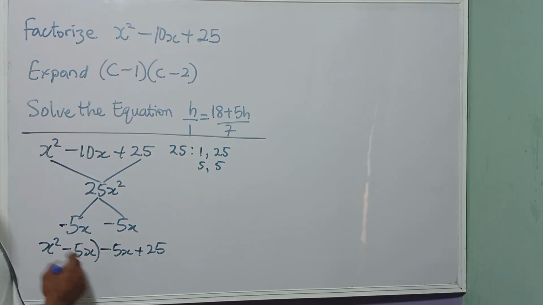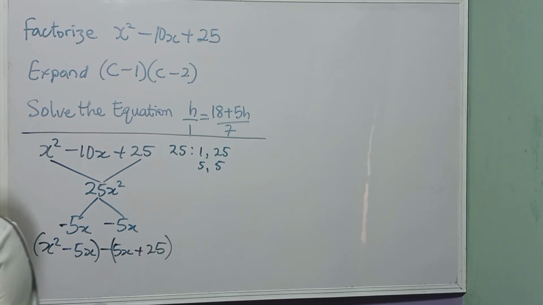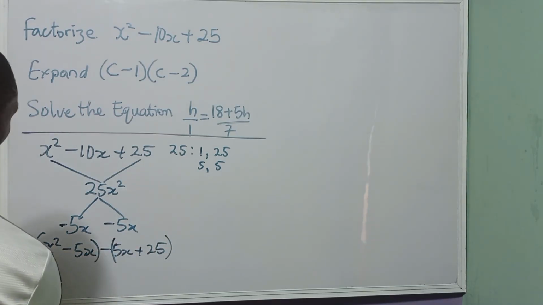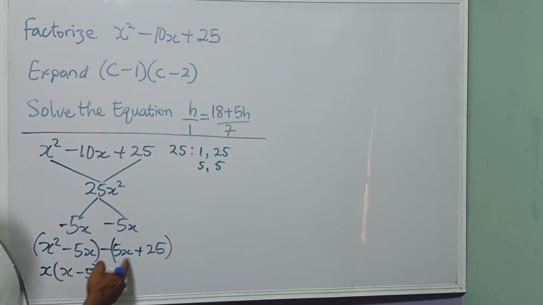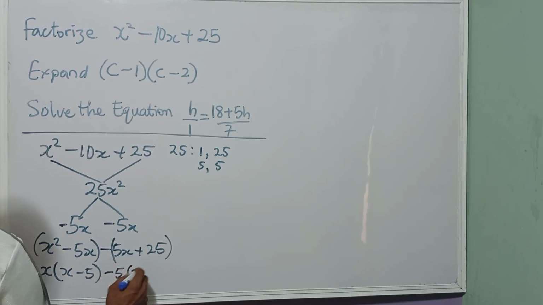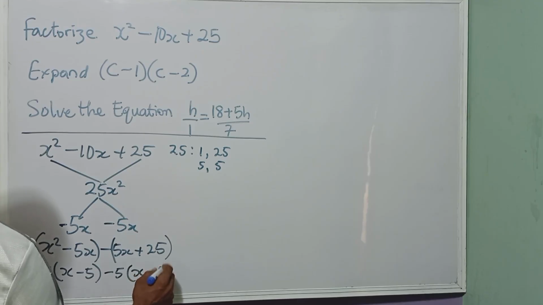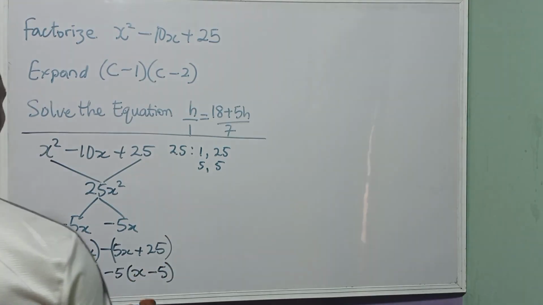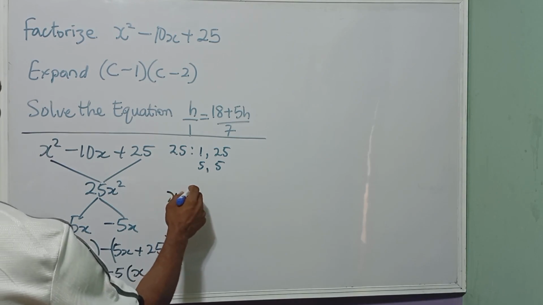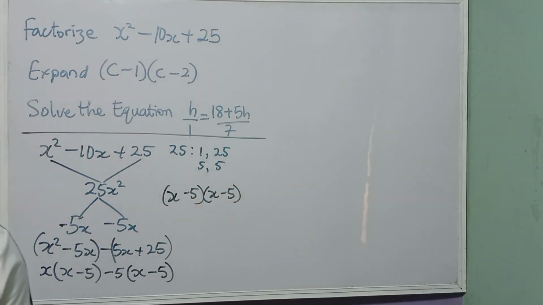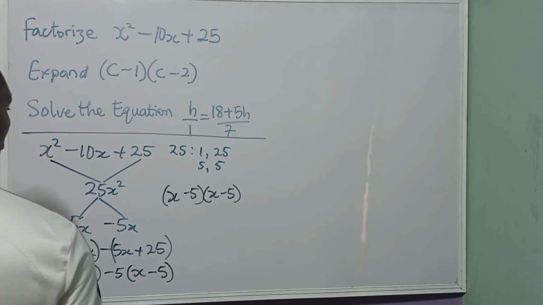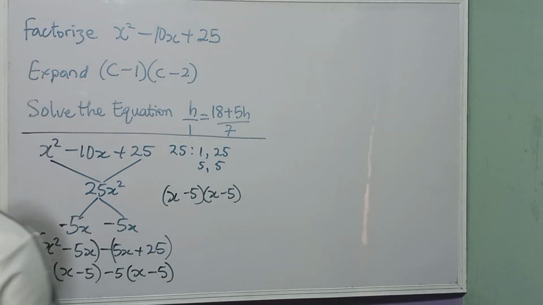From here we can group these two together and factorize. What's common here is x, so we have x outside the bracket, x minus 5. What's common here is 5, and this becomes x minus 5. So our factors will be x minus 5 and x minus 5.